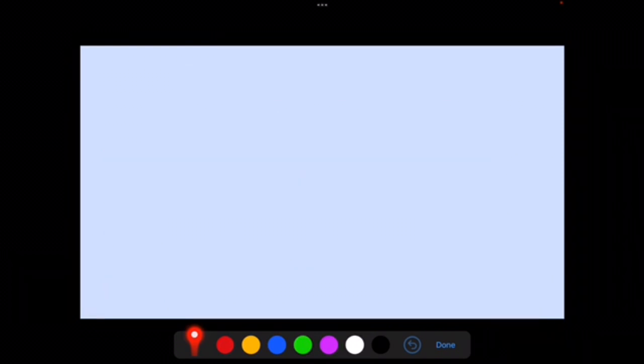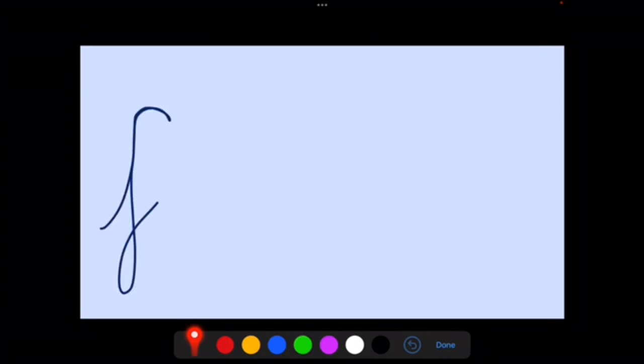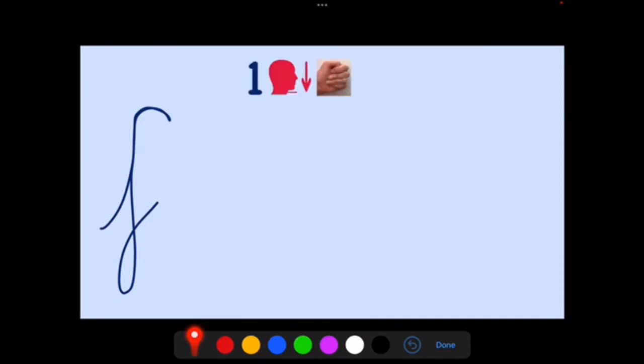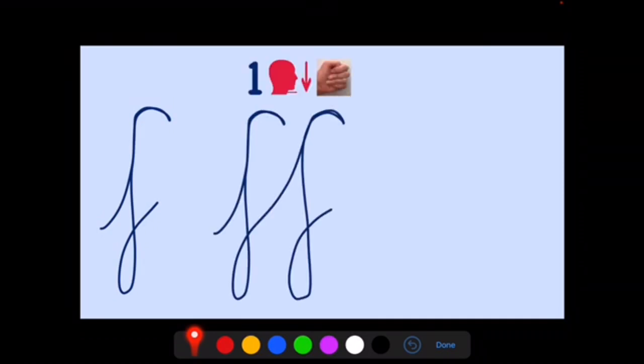And for the sound F, where our teeth are at the back of our bottom lip, we spell it with an F. At the end of a one-syllable word with a short vowel sound, double F. And you may be thinking, we've just covered that.